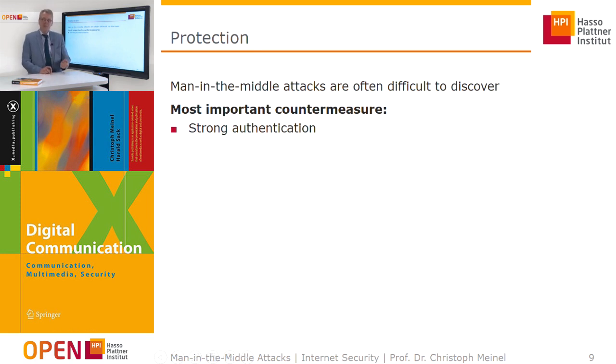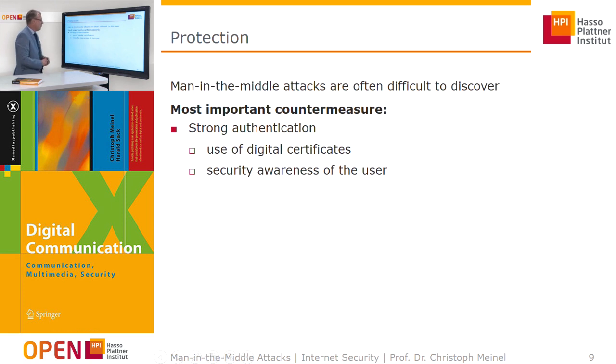In case of accepting such a faked certificate, this strong authentication is not performed, so the man-in-the-middle attack could be performed. For strong authentication, there are different ways. A typical way is the use of digital certificates. And in some cases, it's necessary that the user is very careful to consider who is communicating with them.